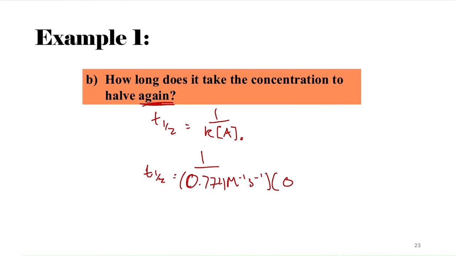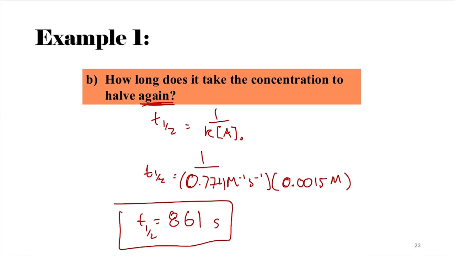Our final concentration becomes our initial concentration for this second part. So when we plug that in, we get 1 divided by 0.774 times 0.0015, and that gives us T1/2 equals 861 seconds.